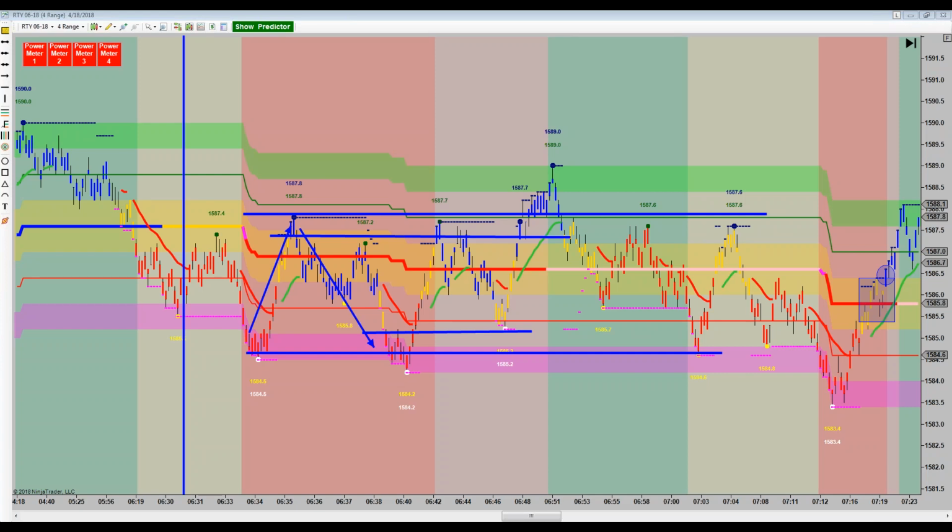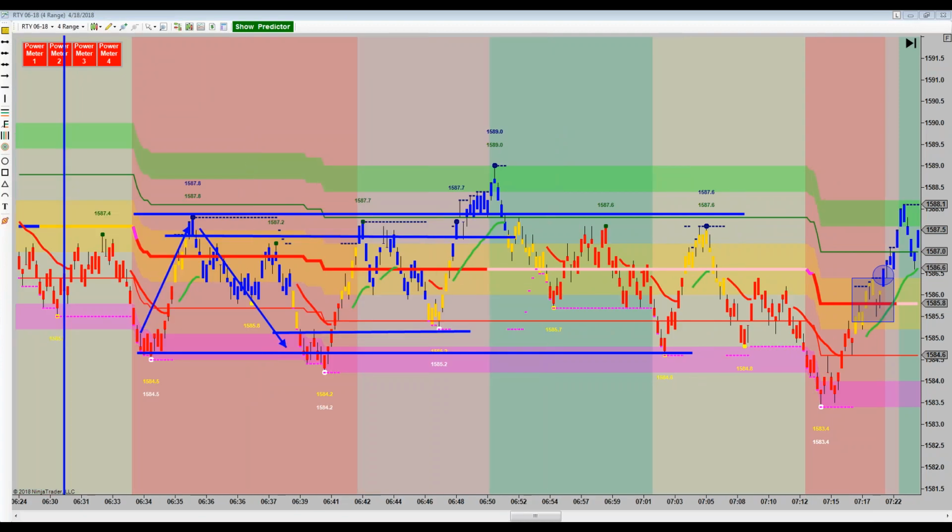Okay, let me ask you this question and see if you can answer this for the team. Let's suppose that you, for whatever reason, weren't able to get this region box right here. Is there another place where you could get in the trade, yes or no?